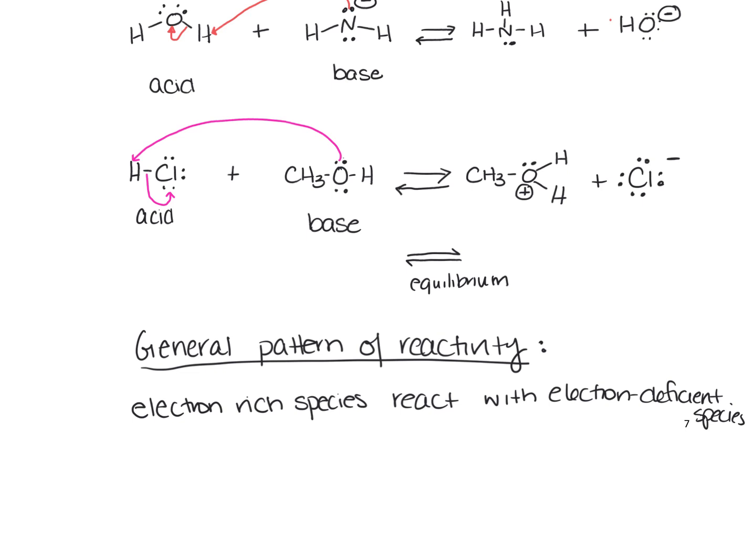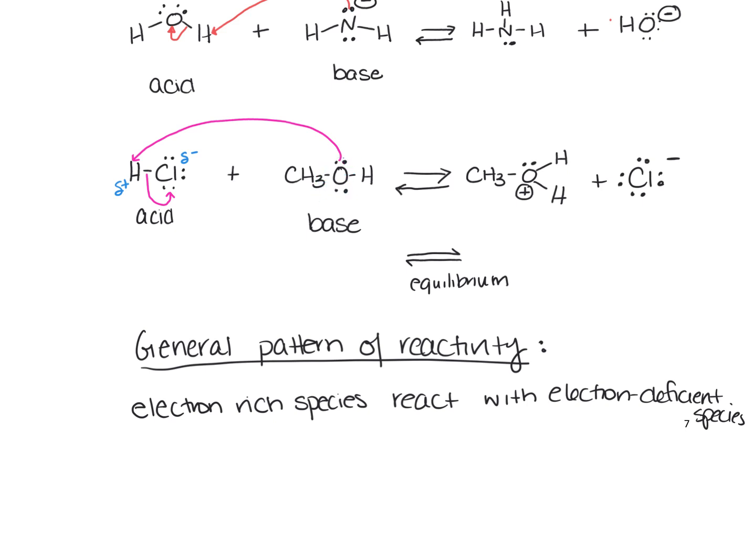Look at what I mean. When we come here and we look at hydrochloric acid and we compare the polarity and the electronegativity, we know that chlorine here is partially negative. We know that proton is partially positive. These electrons, that's an electron-rich species.